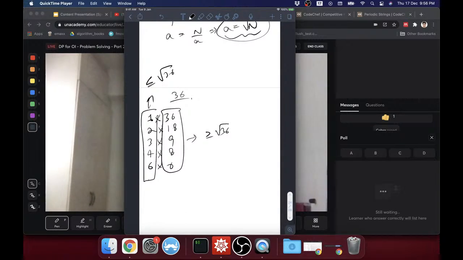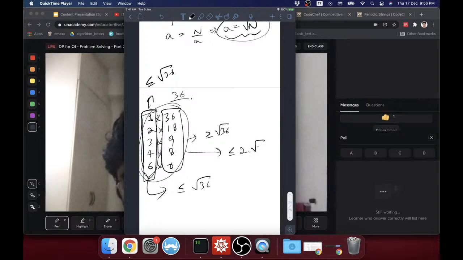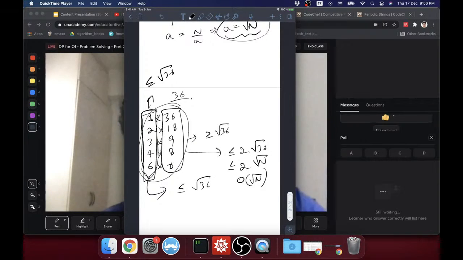So how long is this list? This list is at most of size square root 36. And in total, how many elements are there? At most 2 times square root 36. Generically, at most 2 times square root n, or order root n. So the total number of factors is always upper bounded by order root n. It's actually 2 times square root n, but anyways.